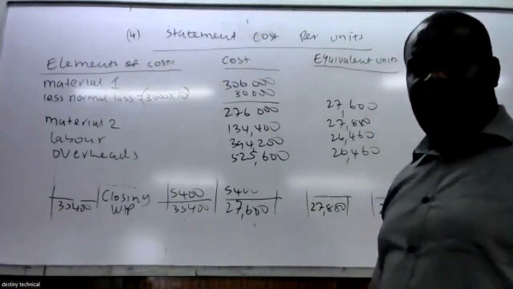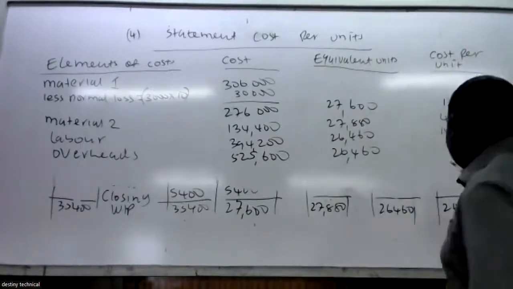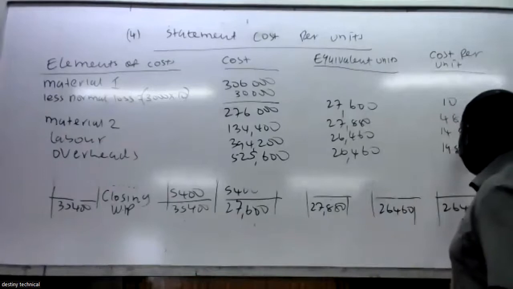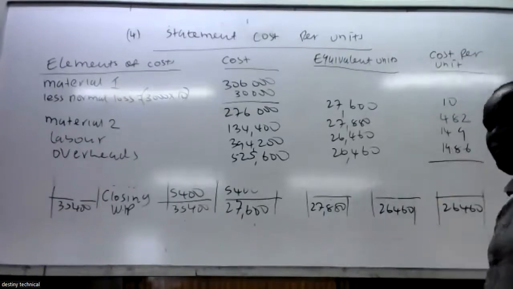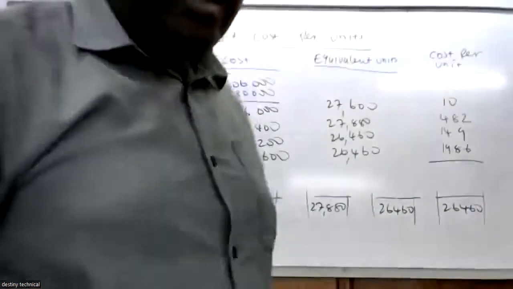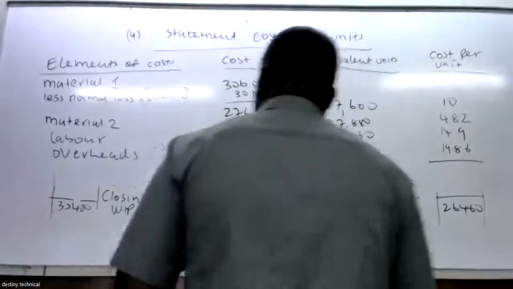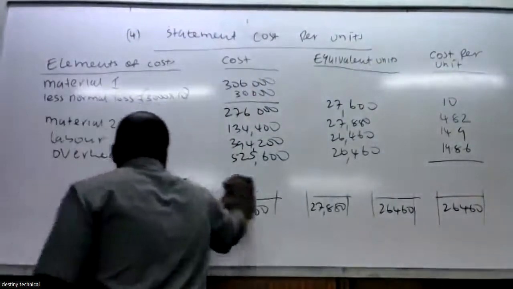Overhead should be which value? 19.86. So add them together to give you the total cost per unit.